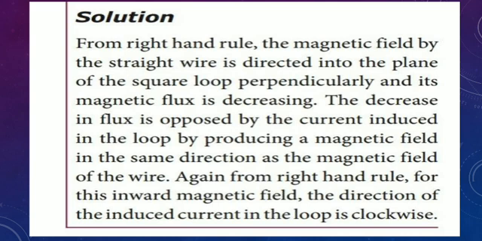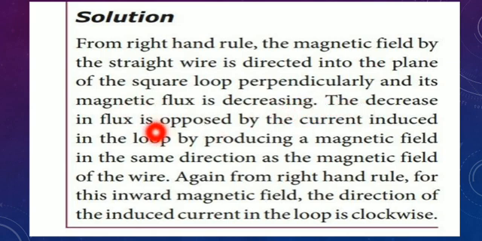Please remember that rule. From that rule, the magnetic field by the straight wire is directed into the plane of the loop perpendicularly, and its magnetic flux is decreasing.